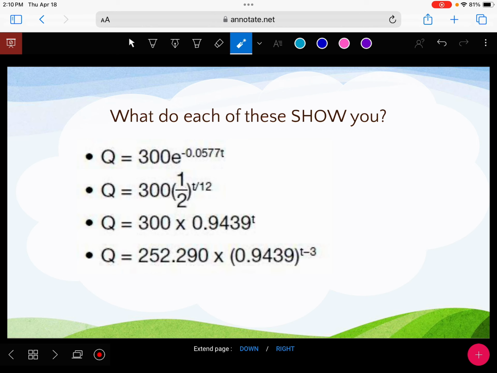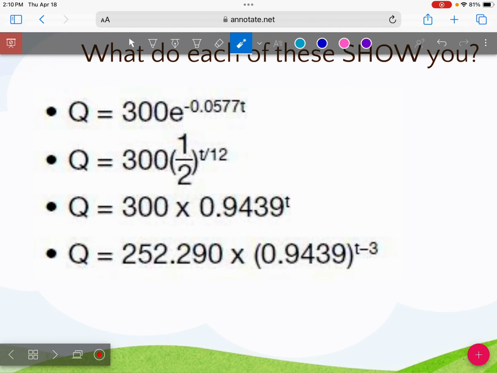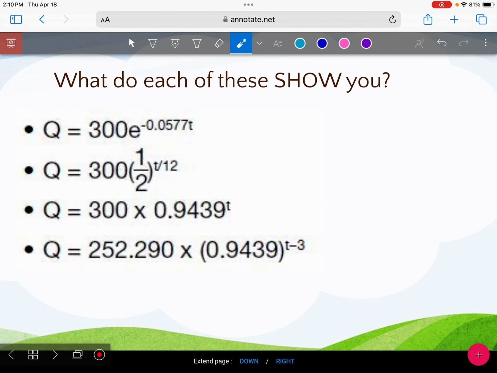So, what is something that is common in 3 of these equations? What do we see that's the same? The 300. What is that 300 based on what we know of exponential equations?